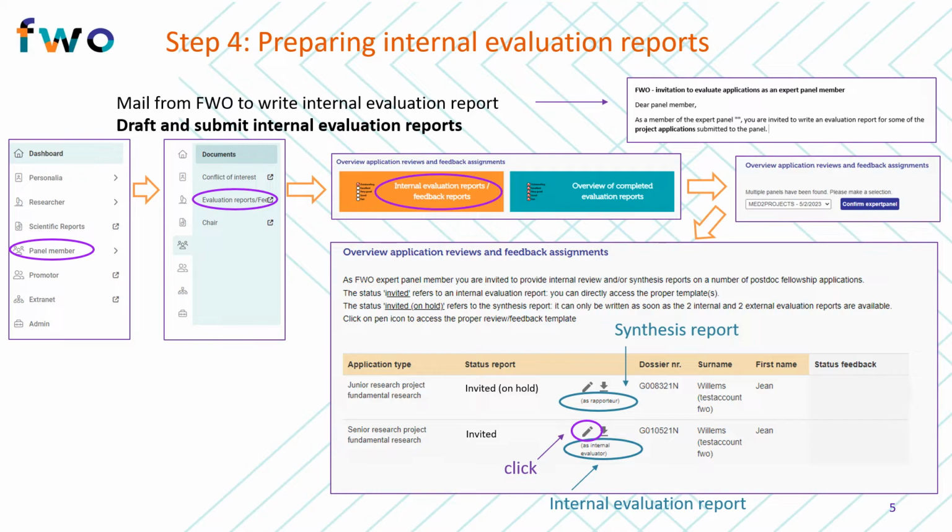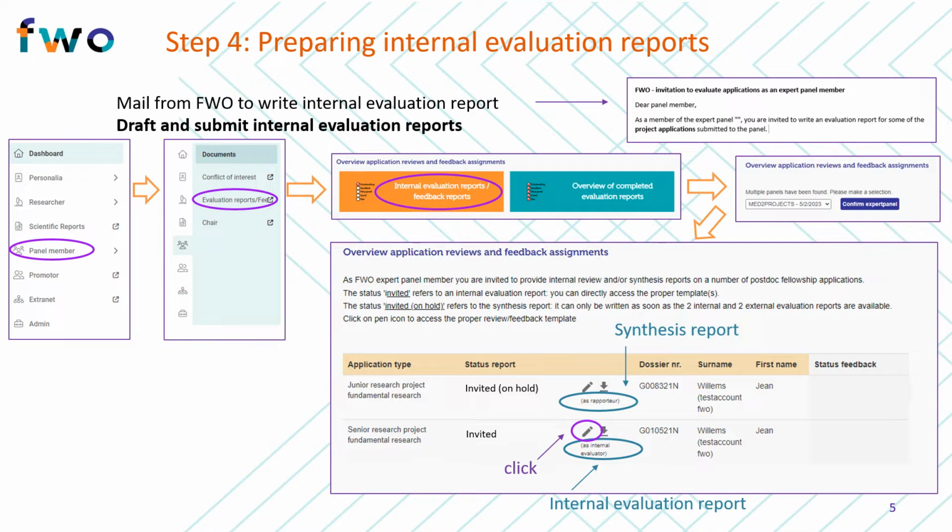In order to draft and submit your evaluation reports, you should access the e-portal, clicking on the panel member button, followed by the evaluation reports/feedback button in the sub-menu. Next, click on the internal evaluation reports/feedback reports tile.